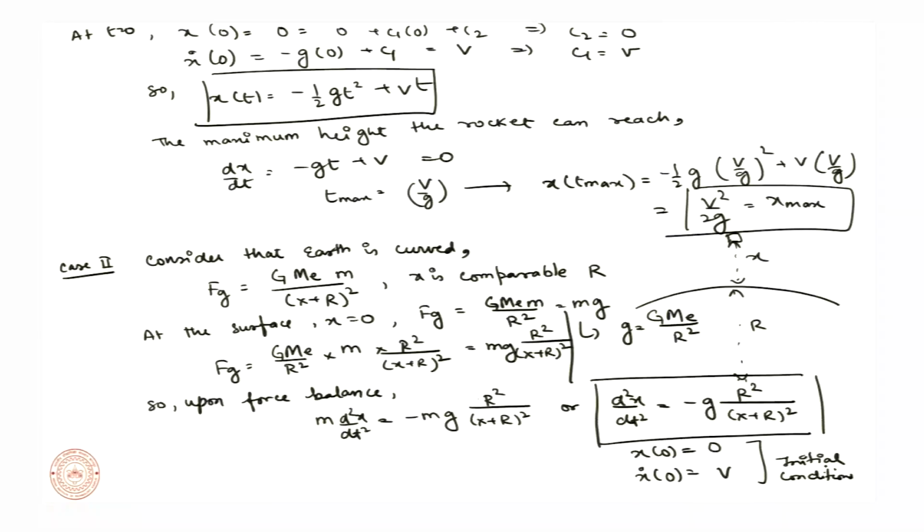Now, this second case we can try to solve using two types of normalizing parameters. So, we try to normalize this ODE by two case studies. Case 1, or case A, we are normalizing with the length of the earth, or the radius of the earth.